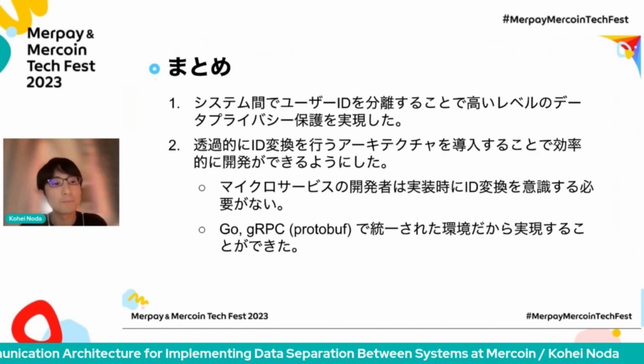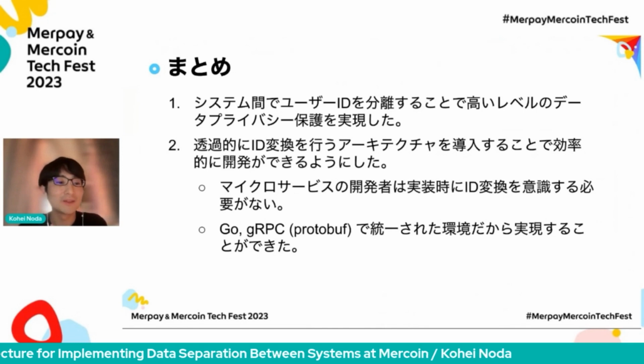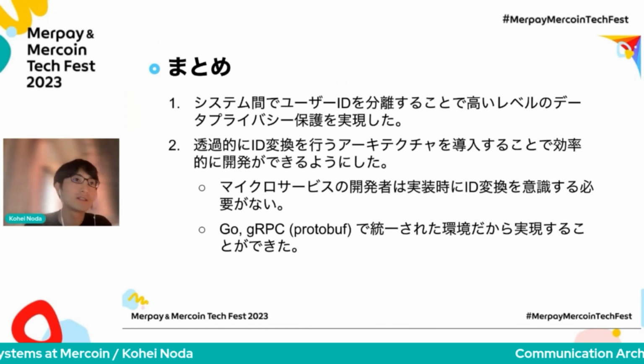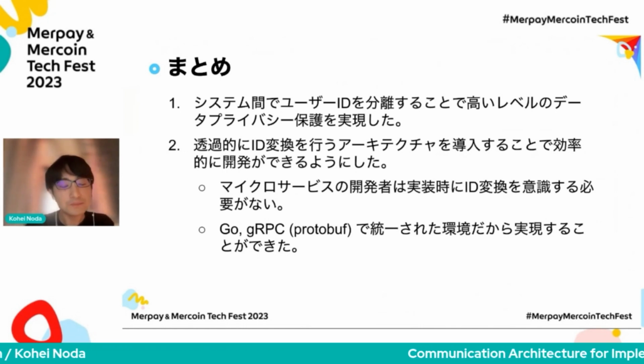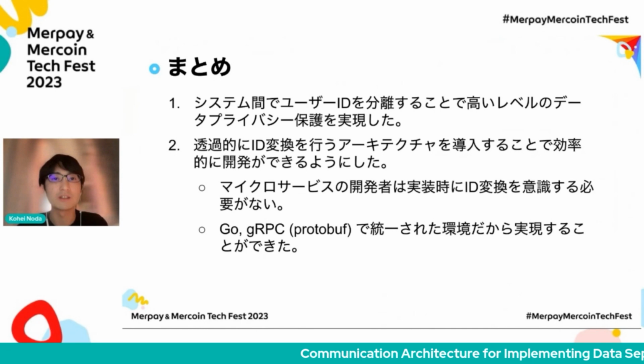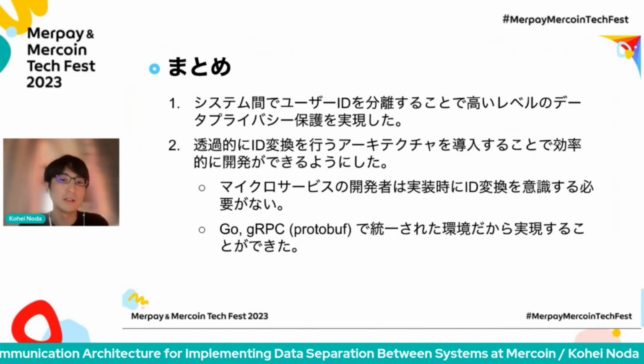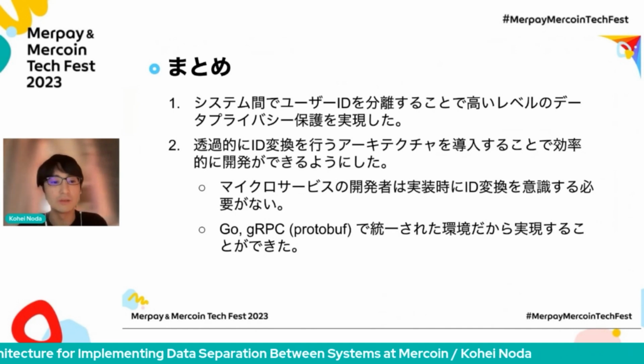In addition, microservice developers do not need to be aware of ID conversion when implementing microservices. As an added bonus, I think this transparent ID conversion was possible because most microservices were implemented in Go, and everyone is using gRPC and protobufs.